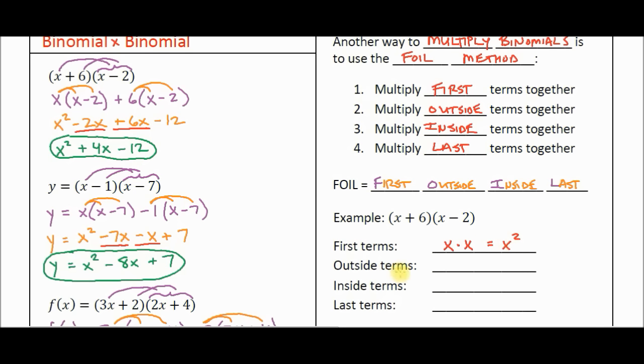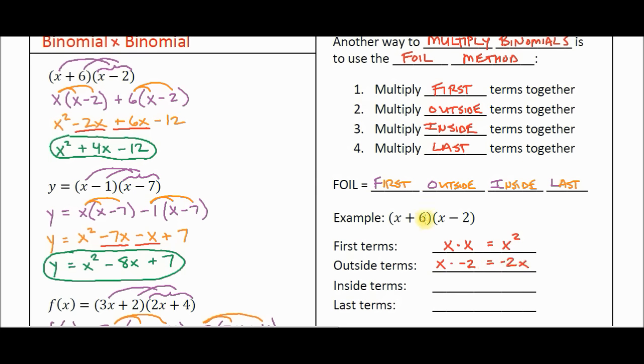Now we're going to do the outside terms. Think about this all together as one expression. X is the outside term on the left side. Negative 2 is the outside term on the right side. So the outside terms are x times negative 2, which is equal to negative 2x.